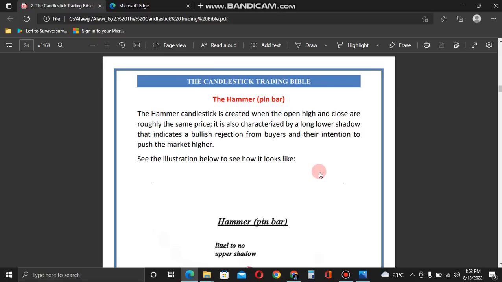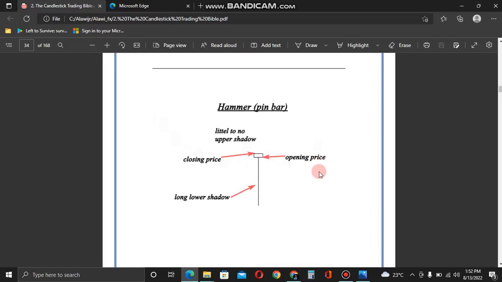It is also characterized by a long lower shadow that indicates bullish rejection from the buyers and their intention to push the market higher. So an example of a hammer, that's a hammer. As you can see, that is the hammer, or sometimes called a pin bar. For us in Tanzania, most Tanzanian traders will understand me: many of us have seen the pins that women use to fasten or hold headscarves. So the pin bar, as you can see, seems like a pin, with this kind of long lower shadow, just like a pin has its needle and its head.